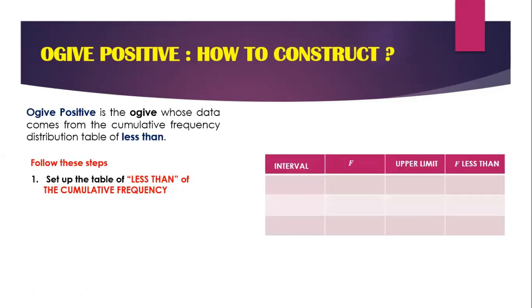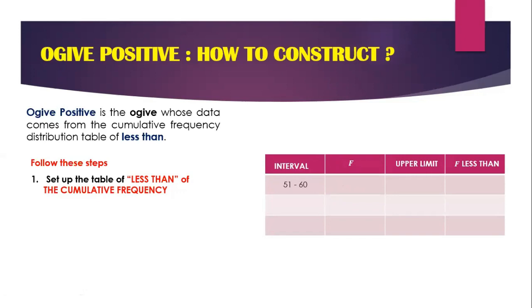Okay, this is the table. The table is shown below. It consists of 4 columns: interval, frequency, upper limit, and F less than. F less than is the Ogive positive characteristic.